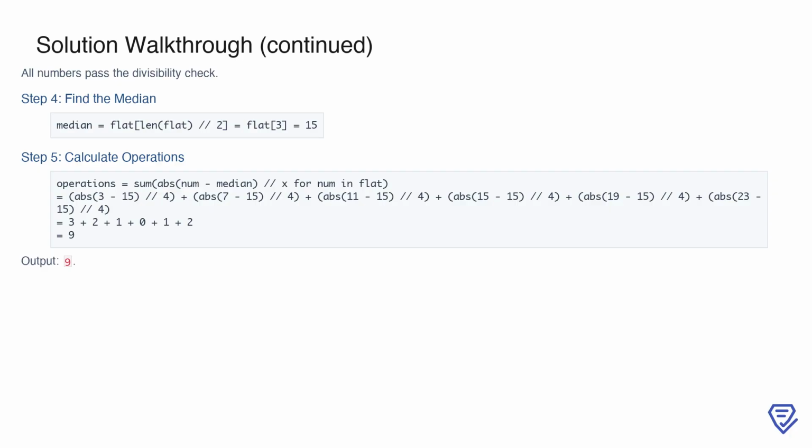Now, we calculate the total operations needed to align all numbers to the median using steps of size x. The calculation involves summing up the absolute differences between each number and the median, divided by x.